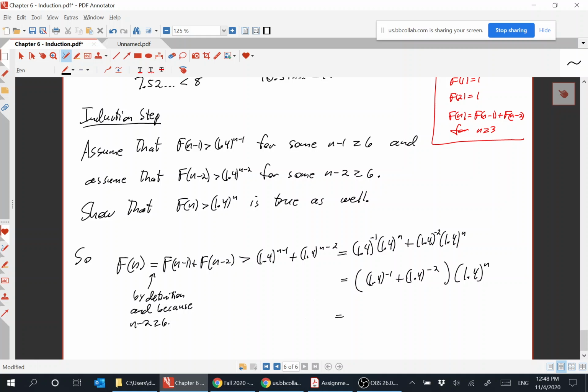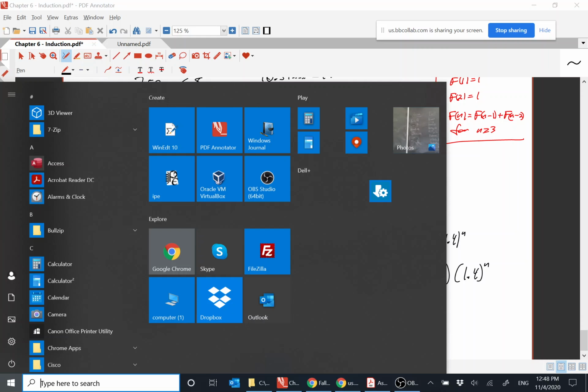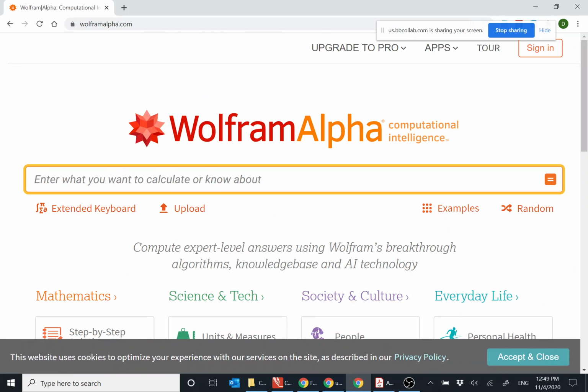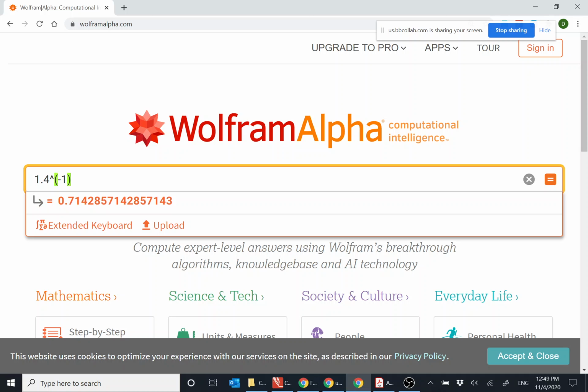What's this equal to here? Let's see. 1.4 to the -1 plus 1.4 to the -2.